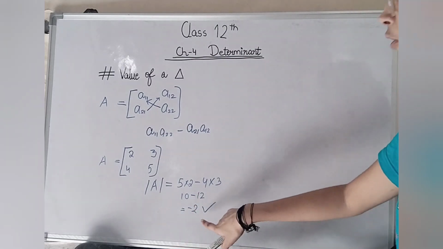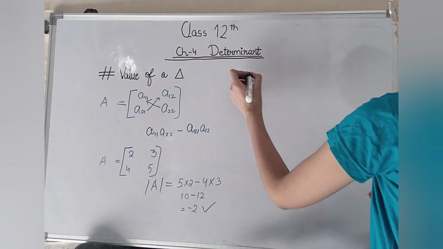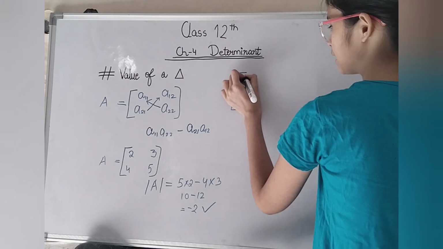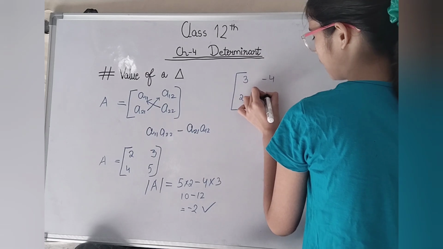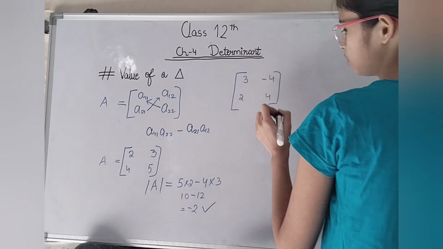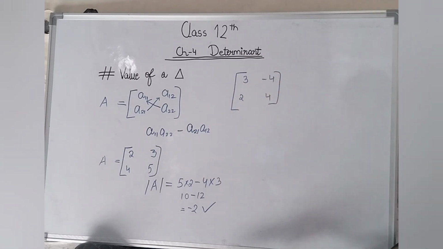This is the value of our determinant. Now you can try another determinant, that is 3, minus 4, 2 and 4. So you can find the value of this determinant.